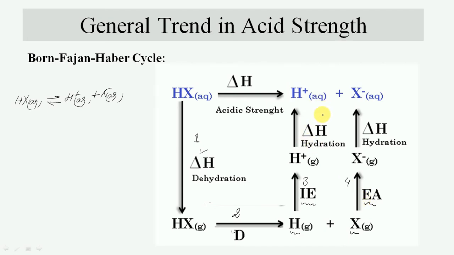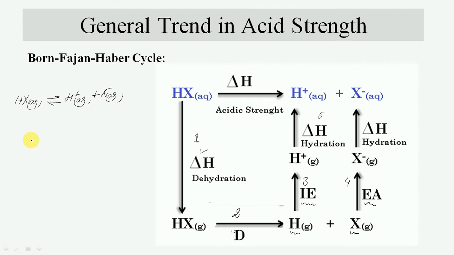Then step number 5. The gaseous H plus ions and gaseous X minus ions are hydrated to form aqueous H plus and aqueous X minus ions. This process is accompanied by evolution of heat. The heat involved in this step is called delta H hydration.